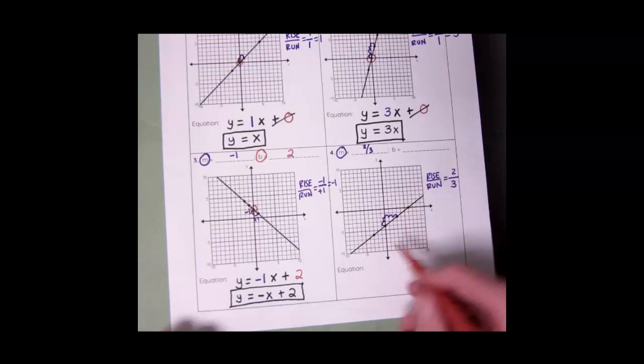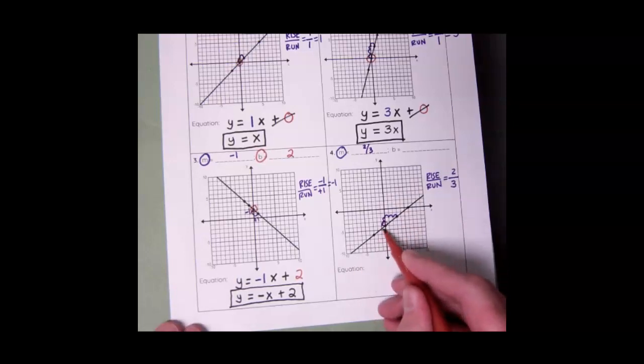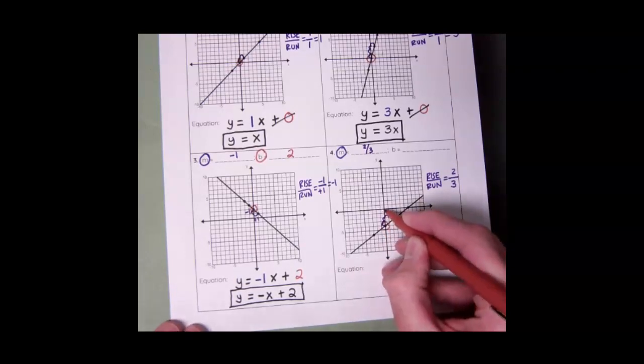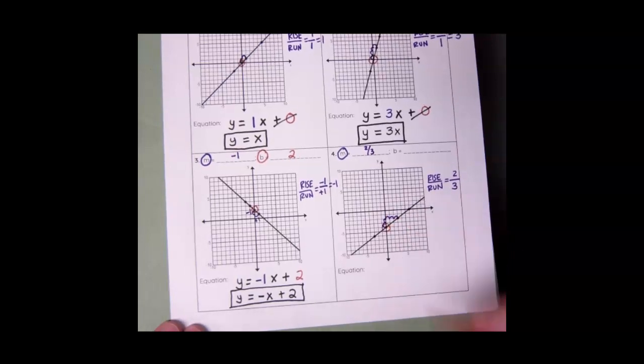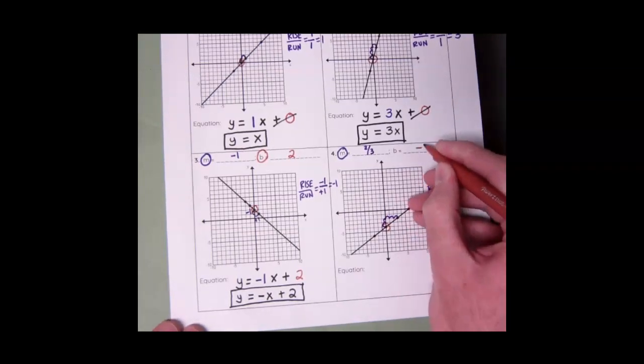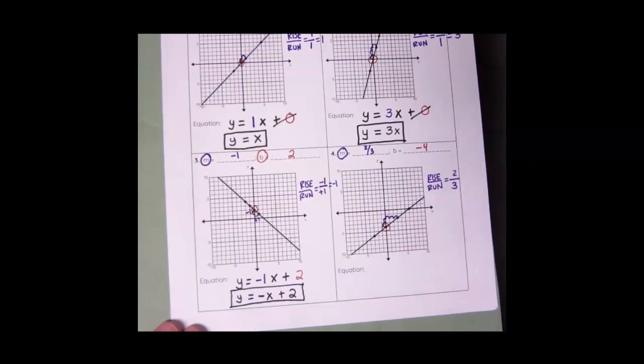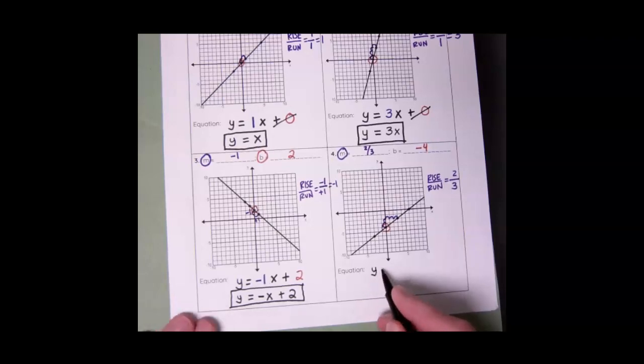My y-intercept is where the line crosses the y-axis. So I would go down 1, 2, 3, 4. So my y-intercept is -4. Okay? So to put that all together in step 2, I'm going to write it in slope-intercept form.